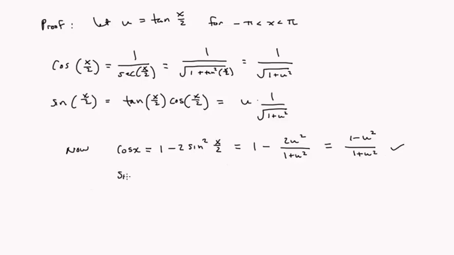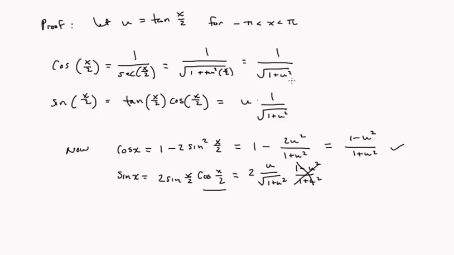Next, using another identity, the sine of x is always equal to 2 sine of x over 2 times the cosine of x over 2, which gives us 2 times u over radical 1 plus u squared, and then times the cosine, but I made a mistake.